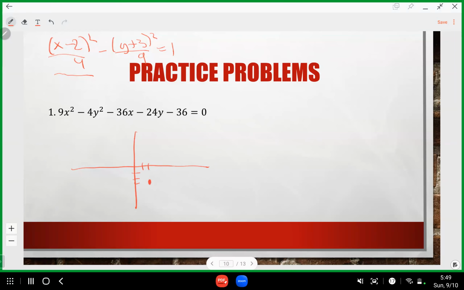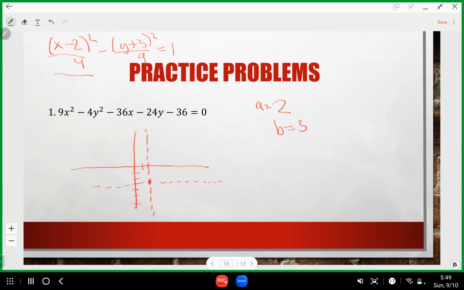So why don't we, from this new center, create a new axis so it's easier for us, right? Just a new axis here. Call that x prime, y prime, whatever. So what is A? A is 2, B is 3. And we know that 2a, which is the transverse axis, is going to be what?